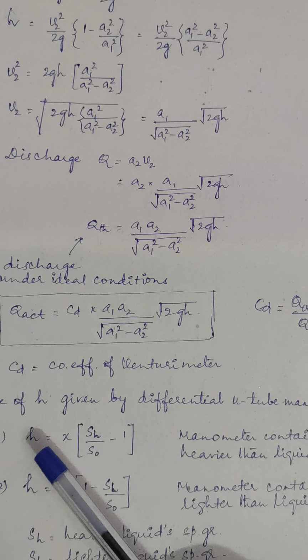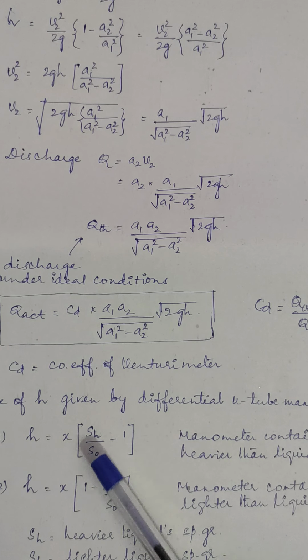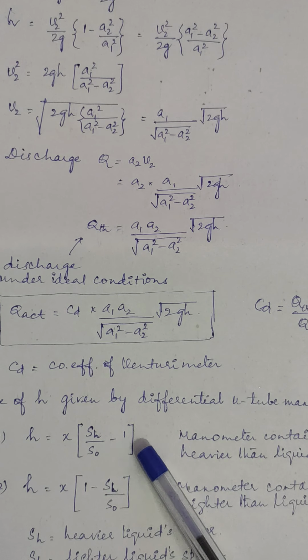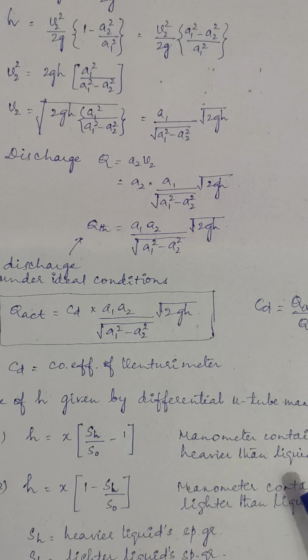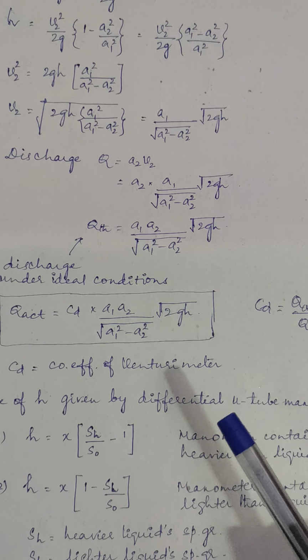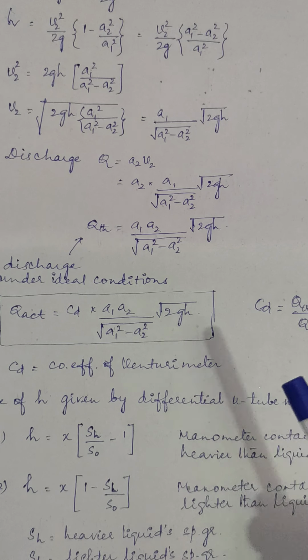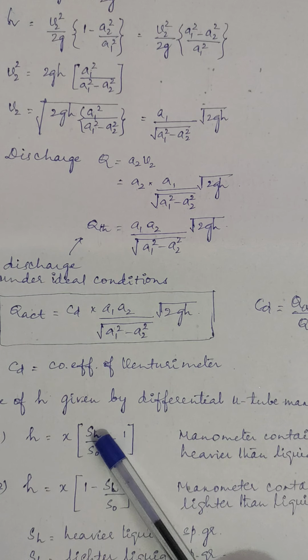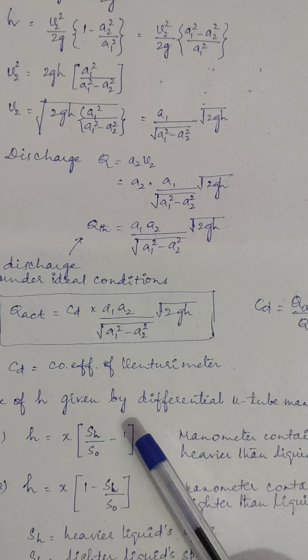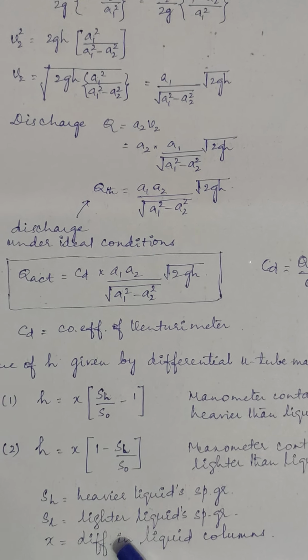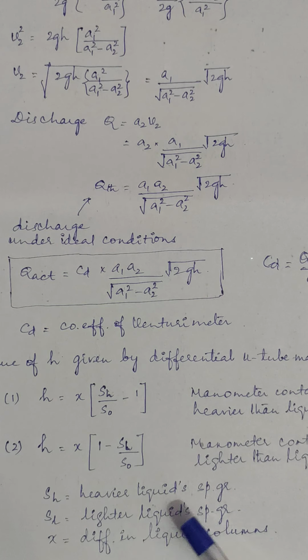So H is X into SH by S0 minus 1 when the manometer contains a liquid heavier than the liquid flowing in the pipe. The liquid flowing in the pipe is water and the liquid in the manometer is mercury. Mercury is heavier than water. SH is the specific gravity of the heavier liquid.